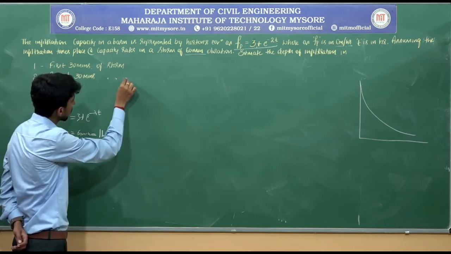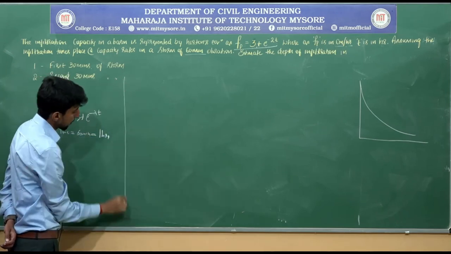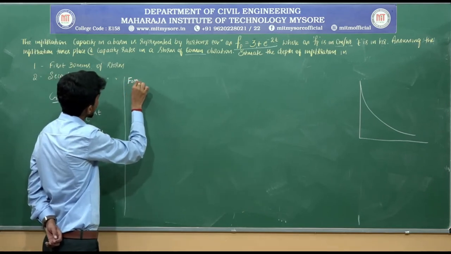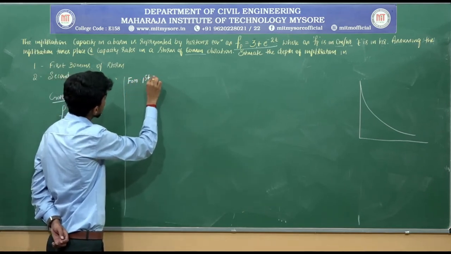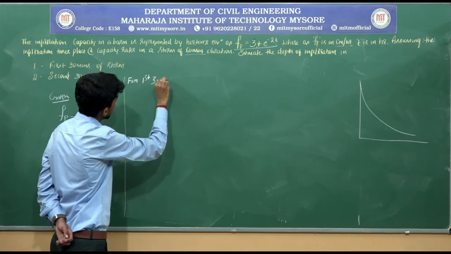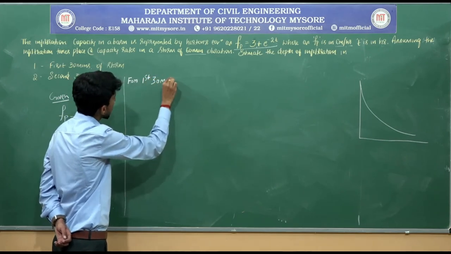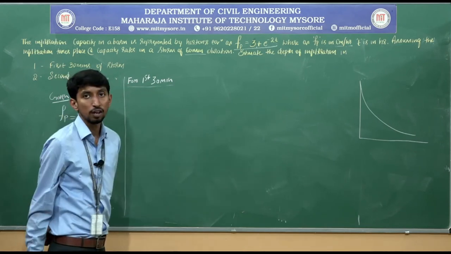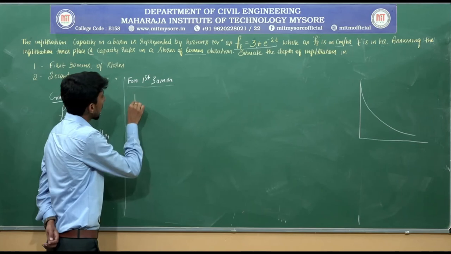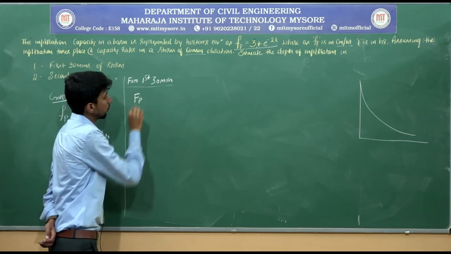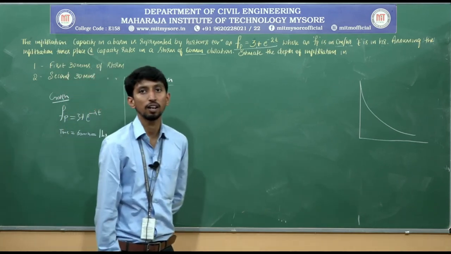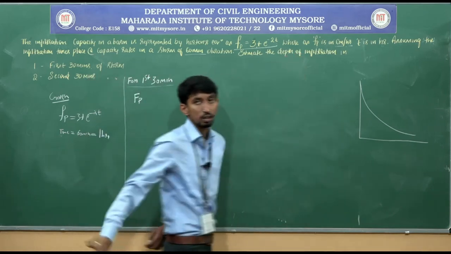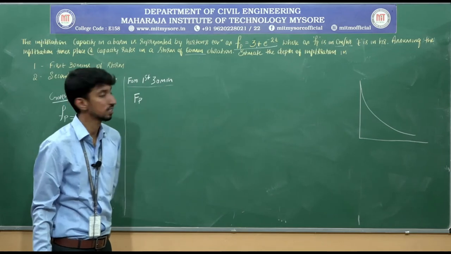Now let us solve the problem. For the first 30 minutes, we need to find the value of capital Fp. Capital Fp is nothing but the depth of infiltration, or the total infiltration in the first 30 minutes.